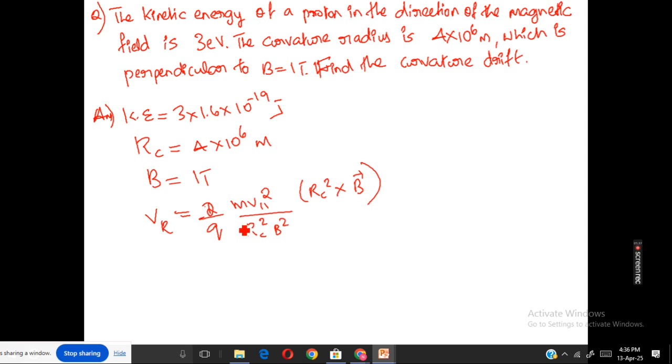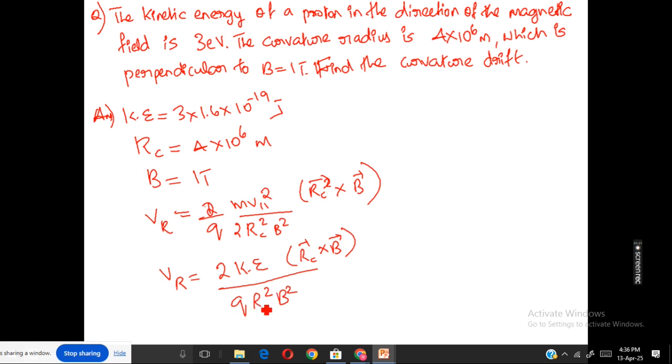So it will be 2 into kinetic energy by q RC square B square into RC cross B.